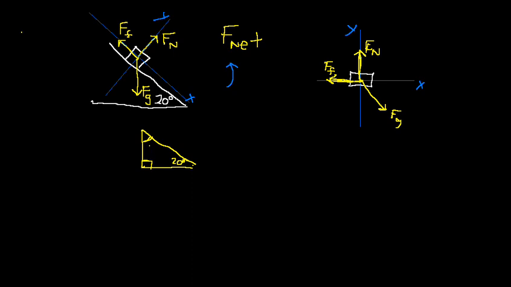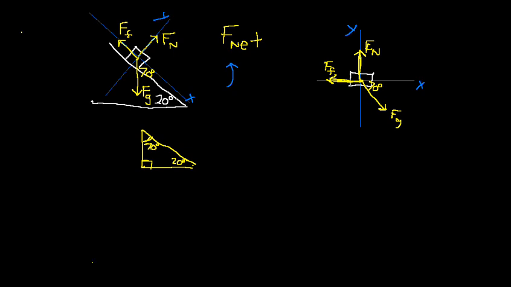So 20 plus 70 will equal 90. So 70, 80, 90, and 90 make 180. There's 180 degrees in a triangle. So if that's 20, that's got to be 70. So this angle right here is going to be 70 degrees. Okay, so far so good.